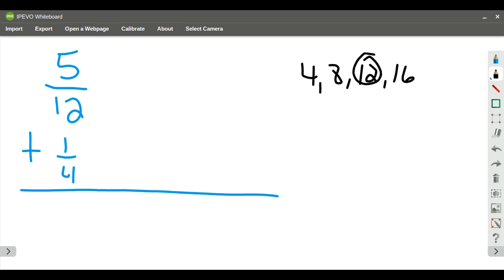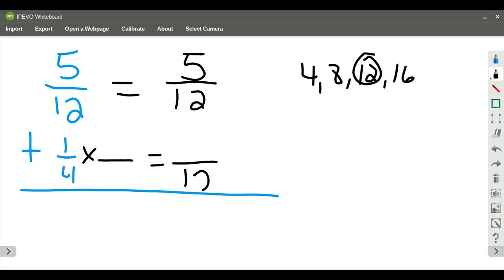So the least common denominator is going to be 12. So 5/12 is going to stay 5/12. I don't need to multiply it by anything. But 1/4, I'm going to multiply by a value to get to 12. And so 4 times 3 is going to be equal to 12, which means I'm going to multiply 1 times 3.